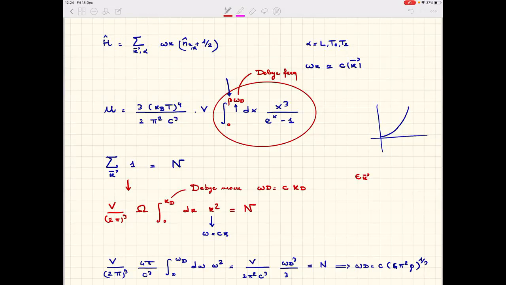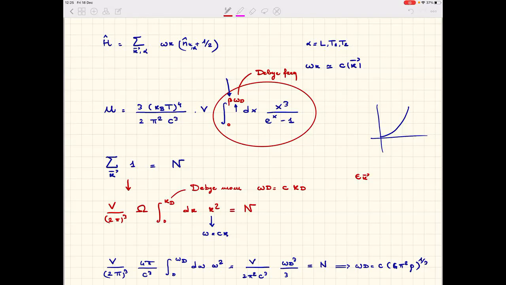No, it's correct what I was saying. So the total number of momenta that sit in the first Brillouin zone is given by the constraint that the number of states in the first Brillouin zone has to saturate the total number of particles in the system. Okay? Mm-hmm. So that you know from solid state physics.